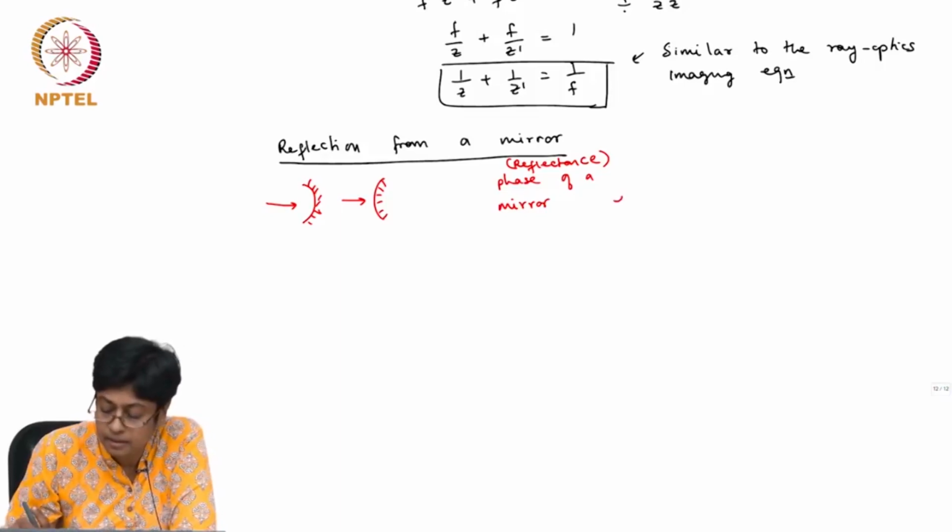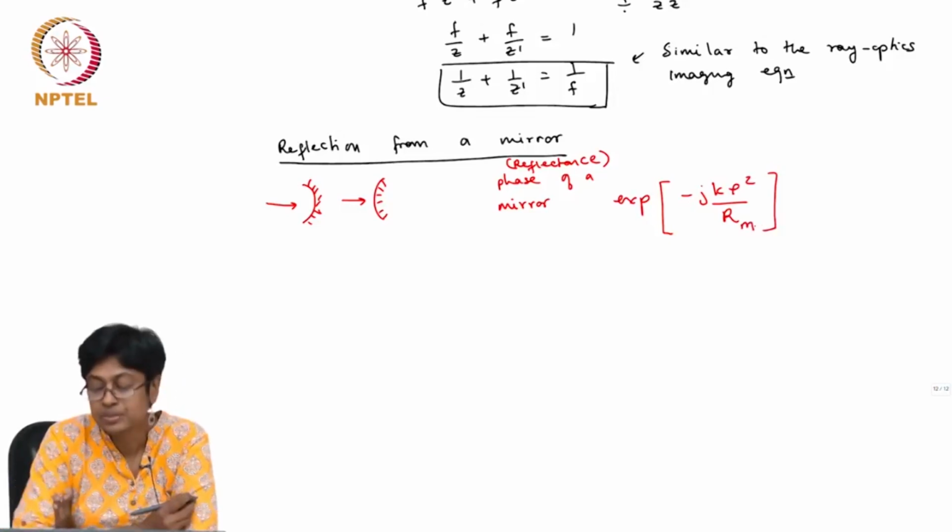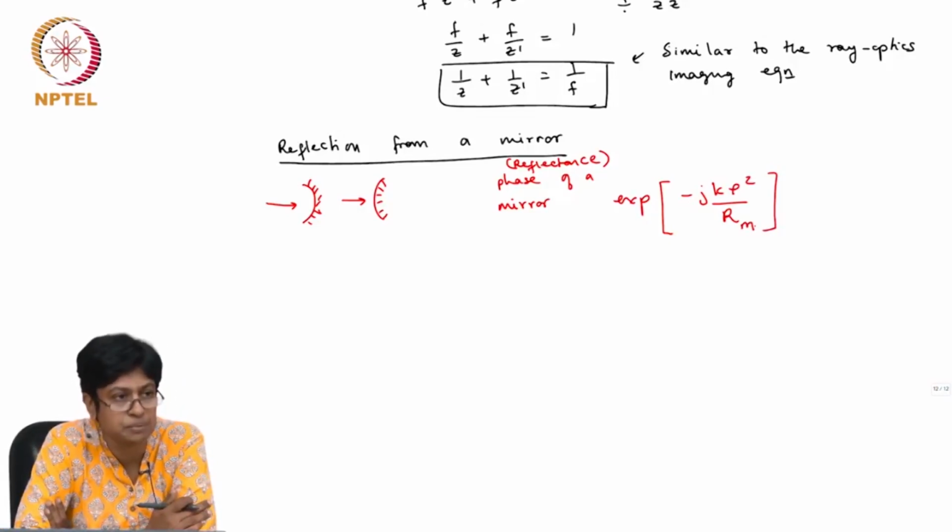It's also going to be an exponential of minus j k rho squared by R_m, and to make it clear, this is the radius of curvature of the mirror, R_m.